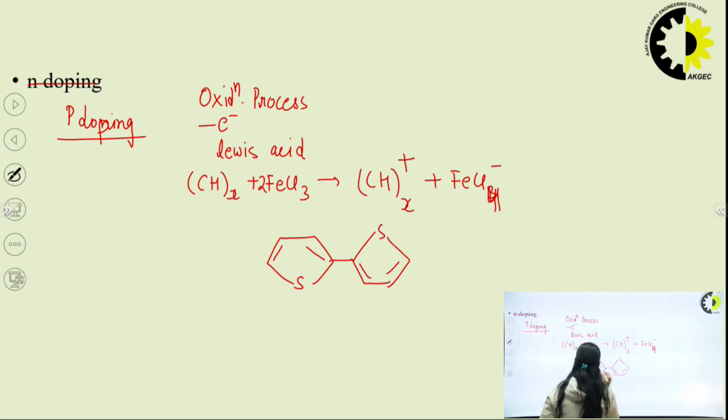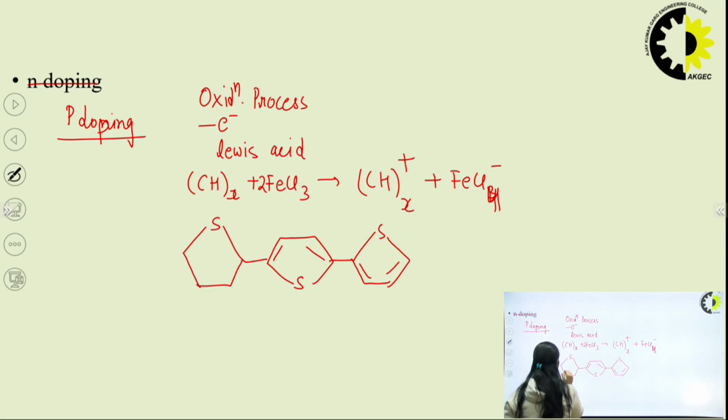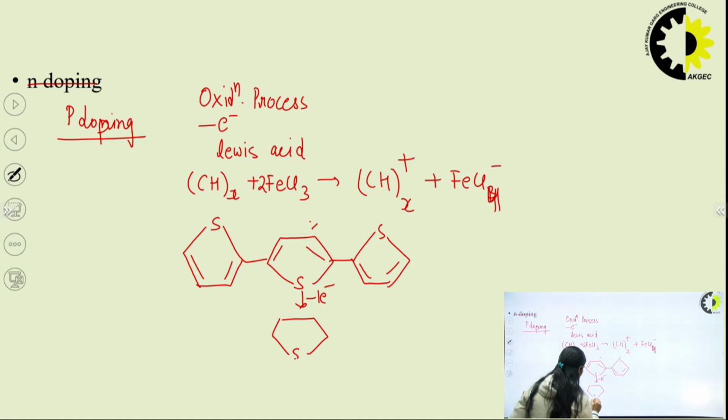So again, I am taking the same molecule for showing P doping. If one electron is removed, as it is an oxidation process, one positive sign occurs and one free radical is formed.